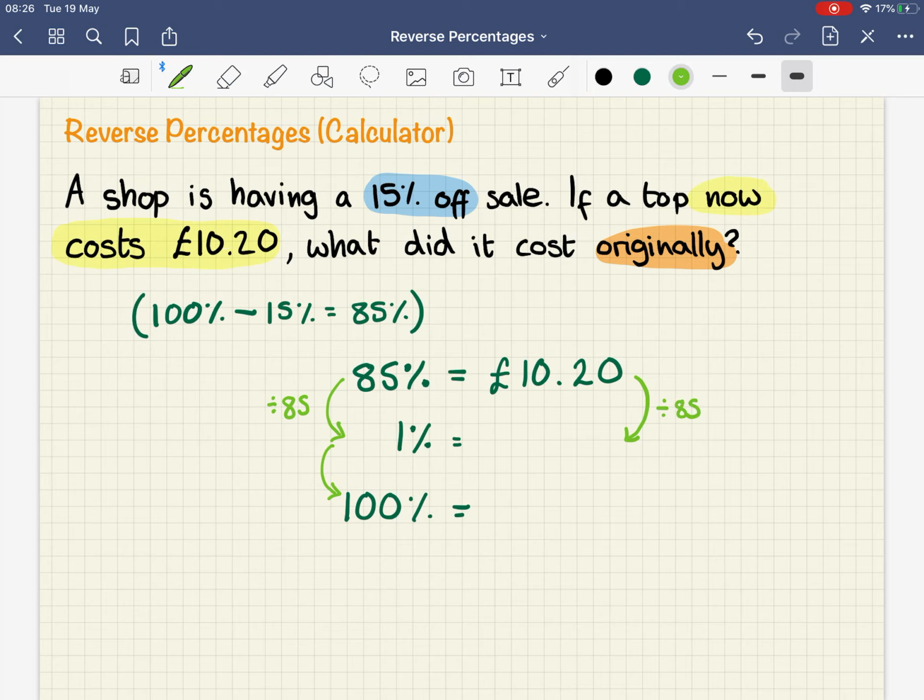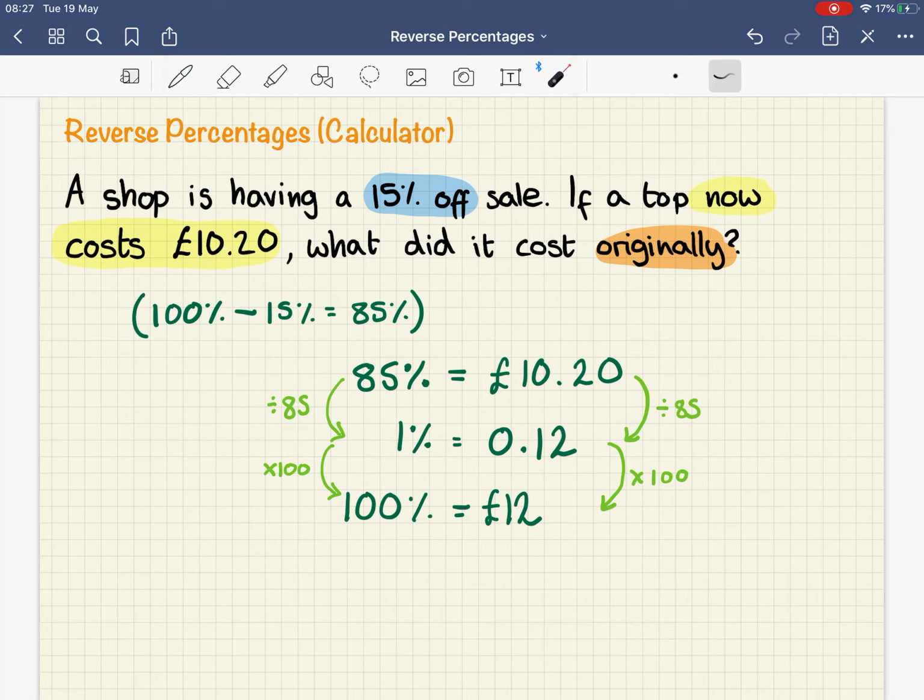So I'm going to take that £10.20 and I'm going to divide it by 85. When I do that, I get 0.12. And then to go from 1% to 100%, I've got to multiply that by 100. And so I do the same on this side because I've got to keep things balanced and multiply this by 100. So my final answer is going to be £12.